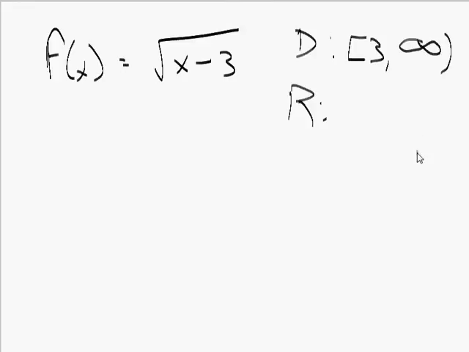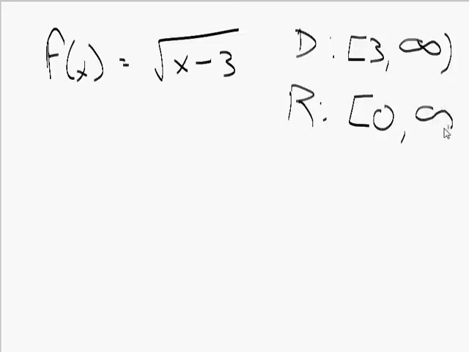Yep. This thing grows very slowly, but if I want to get 1,000,000 out of that, I just have to plug in 1,000,000 squared. Now, that tells us something about our inverse function, doesn't it?